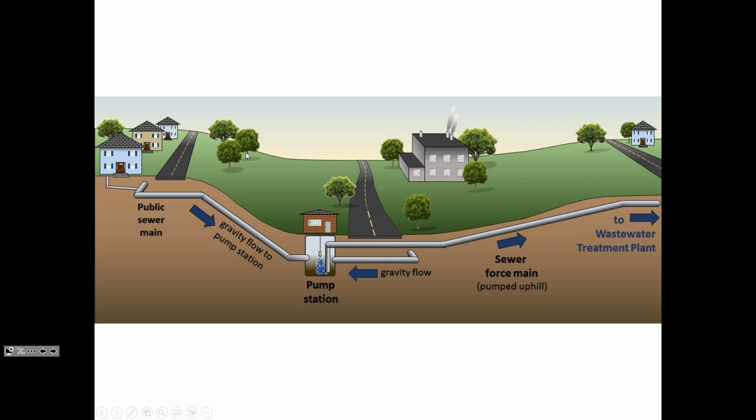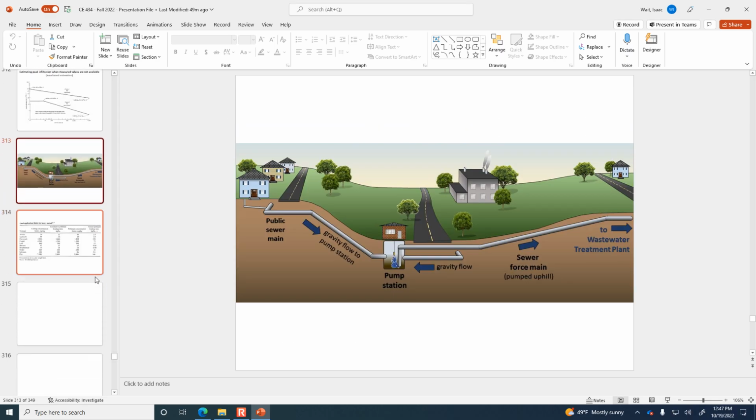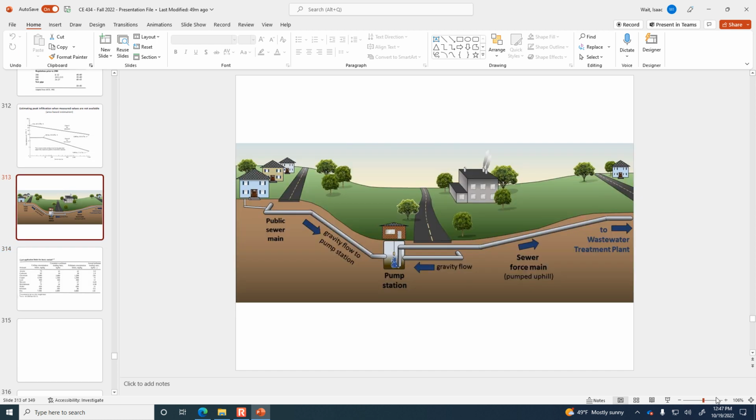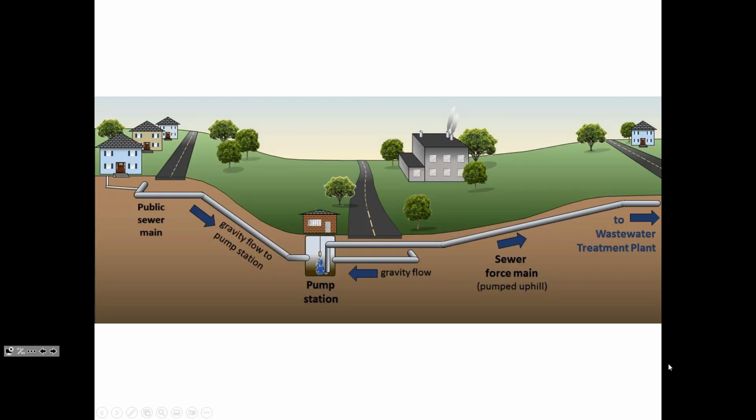Okay, I think there's this and one more. One thing I wanted to point out is that not all pipe networks flow by gravity. Sometimes there have to be forced mains where the water is collecting at a certain location and then pumped upward under pressure to the wastewater treatment plant. These pump stations are sometimes called lift stations because they are effectively lifting the hydraulic grade line of the wastewater.